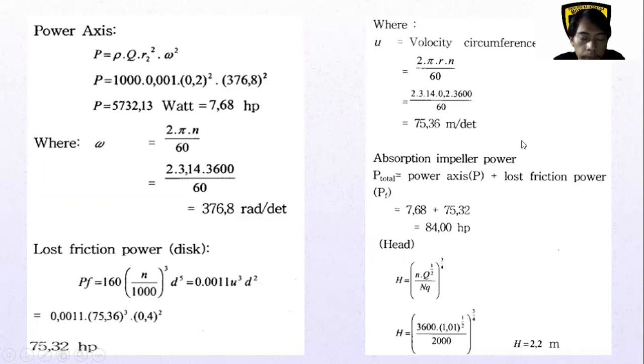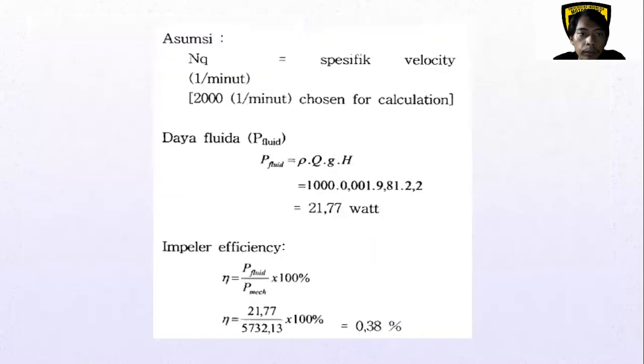Okay. And the assumption and specific velocity per minute and fluid with this, and this value is the impeller efficiency, and the efficiency is 0.038%.